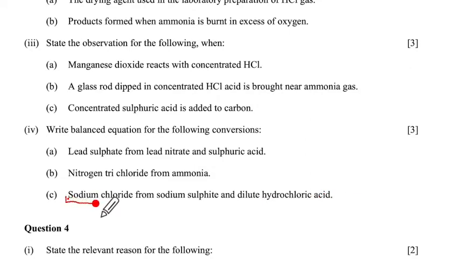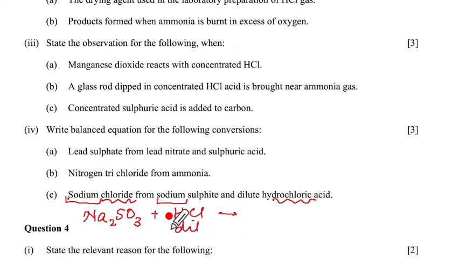We come to C, sodium chloride from sodium sulfite and dilute hydrochloric acid. So we will have sodium of sodium chloride will come from sodium sulfite and chloride will come from dilute hydrochloric acid. So we will take sodium sulfite, which is Na2SO3 plus HCl. This will have to be dilute, and we will have the reaction taking place like so, and we will have 2Na with 2Cl.